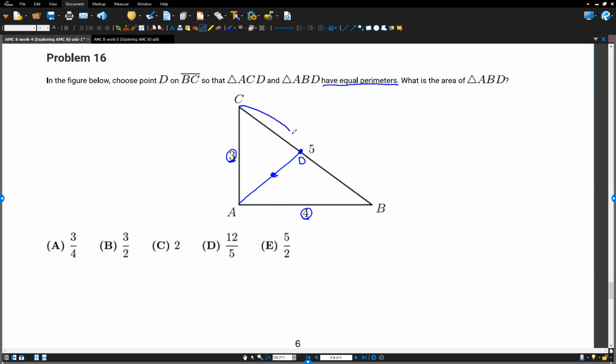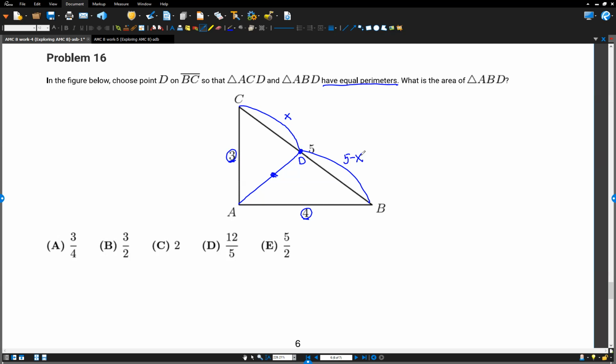Maybe this one is a little longer than the other side, right? So I'm going to let this one be x. The total is 5. CD is x. The other one, BD, is what? 5 minus x. Okay, up to here, any questions?